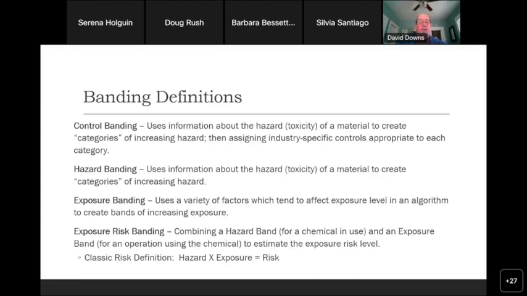This is based on the classic risk definition of hazard times exposure equals risk. So here what we're trying to identify is the risk based on both the hazard of the material and the exposure risk that we have as a result of the way we're using the material.